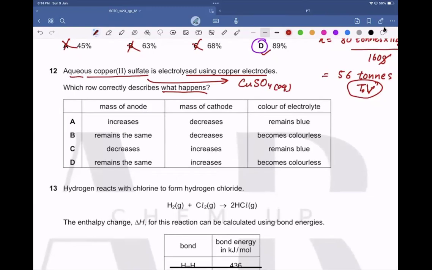So the mass of the anode decreases. And "decreases" is in only one option, so A, B, and D go wrong. We don't have to look at the other columns, because from the first column we have figured out that all three options are wrong. So C is the correct answer.